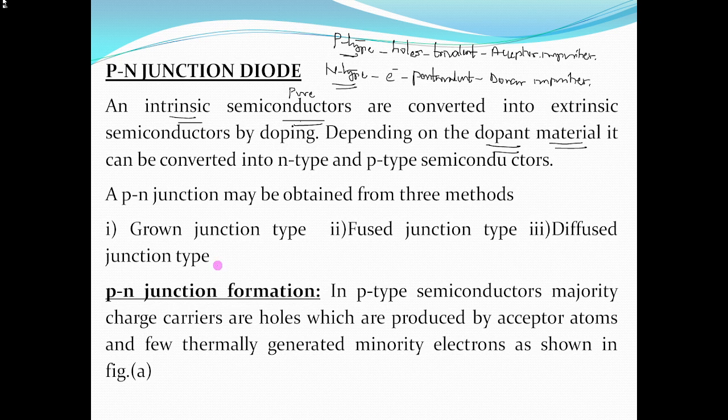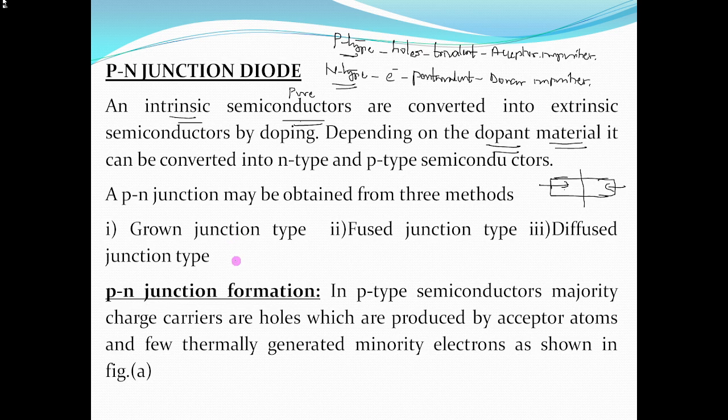For example, in the grown junction type, if I take a slab, from one side I insert N-type dopants and from the other side P-type dopants, so I can form a PN junction. These are the techniques to prepare a PN junction diode.